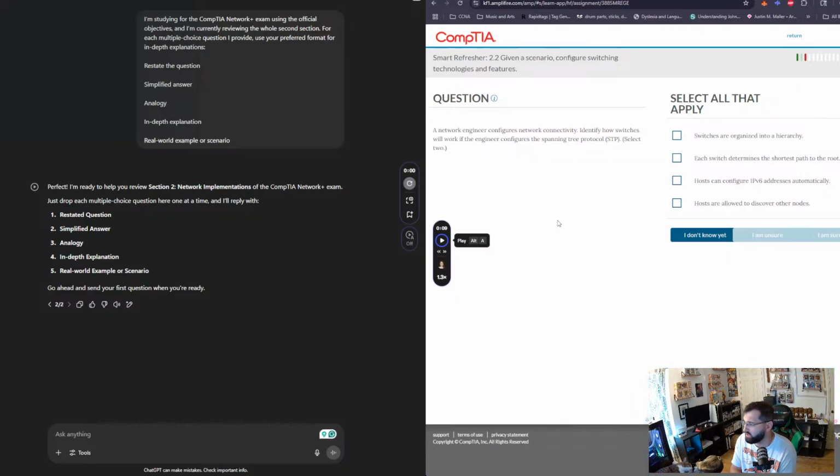Hosts can configure IPv6 addresses automatically. Hosts are allowed to discover other nodes. Each switch determines the shortest path to the root. I don't remember spanning tree protocol. Okay, I was wrong.